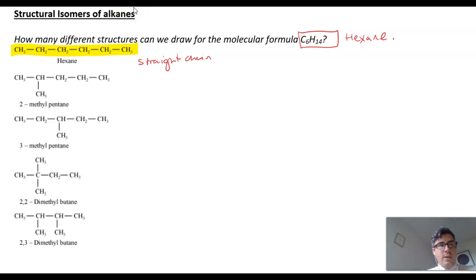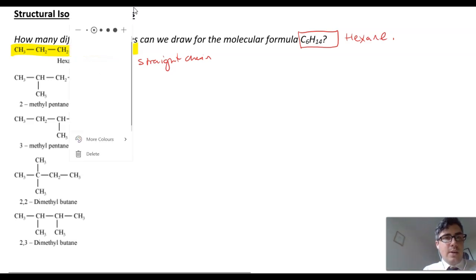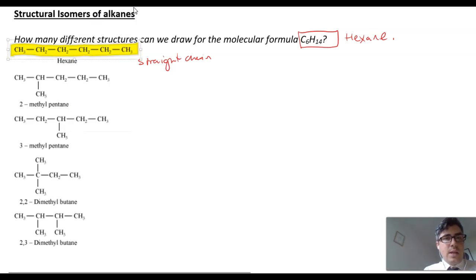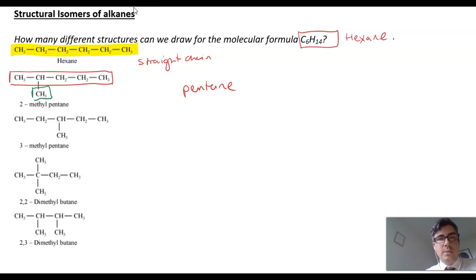So if we look at this one here, remembering how we do our naming, we have to select the longest chain, and that's the root of our name. So that's 5 carbons, which is pentane. Then you look at the substituent groups, the bits that are substituted on. That's why it's called substituent, and that's 1 methyl group there. So we call that methyl.